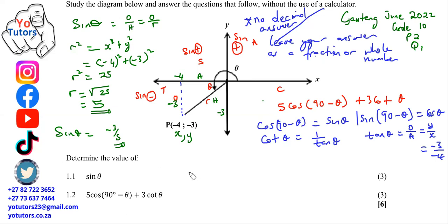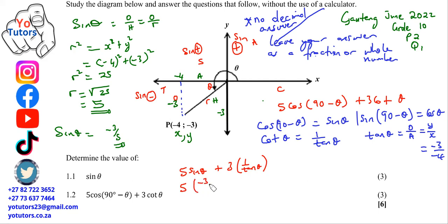So we're going to say 5 cos(90° - theta). We know that is sine theta. So it's 5 sine theta plus 3 cot, which is 1 over tan theta. What is our sine theta?